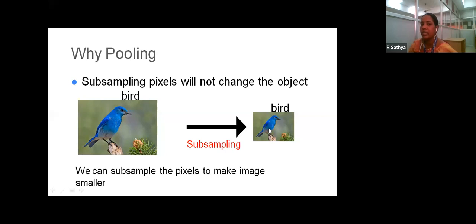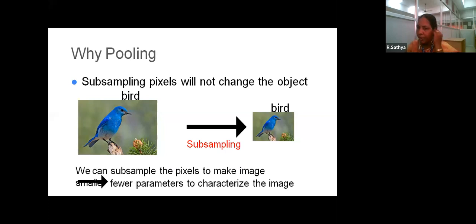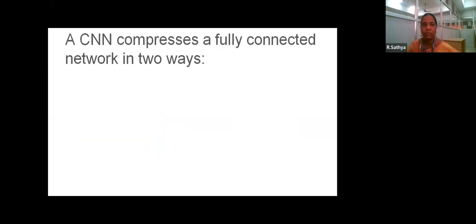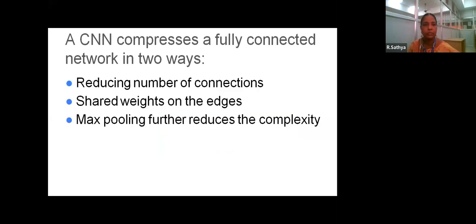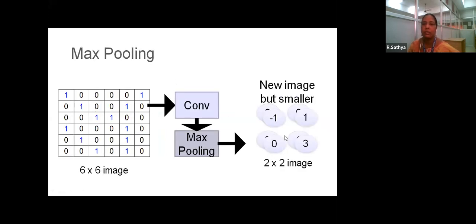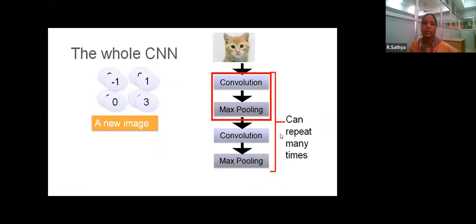The quality of the image is very similar to the larger image. But the quality of the image is not changed. So I am reducing into a 2 by 2 matrix. That's it. Okay.